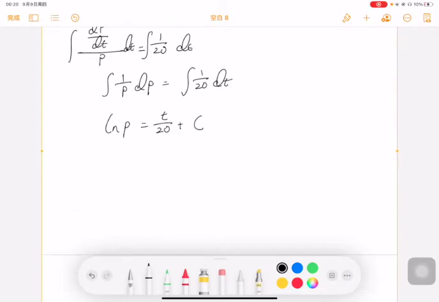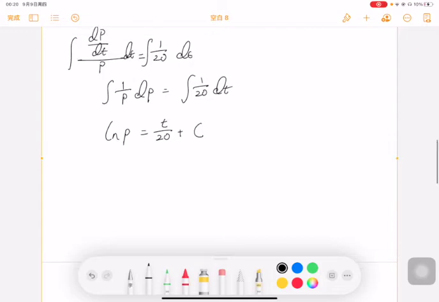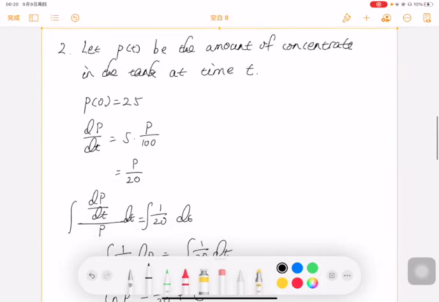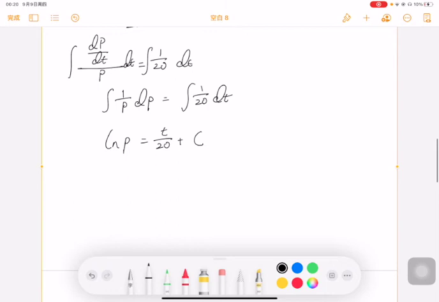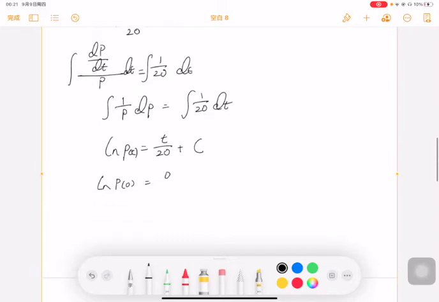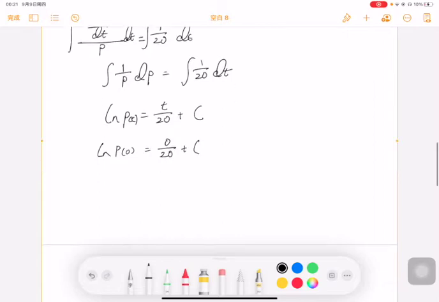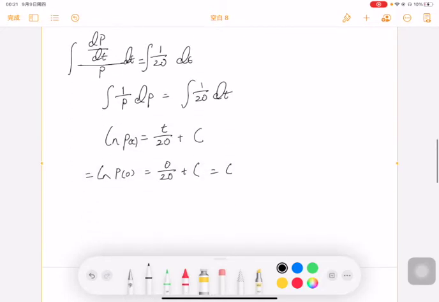Okay, so we have the equation. Now we just need to plug in the initial condition, P of 0. So P is a function of t here. ln of P of 0 equals, well, t equals 0 over 20 plus C. And first of all, this equals C. And ln of P of 0 is ln of 25.